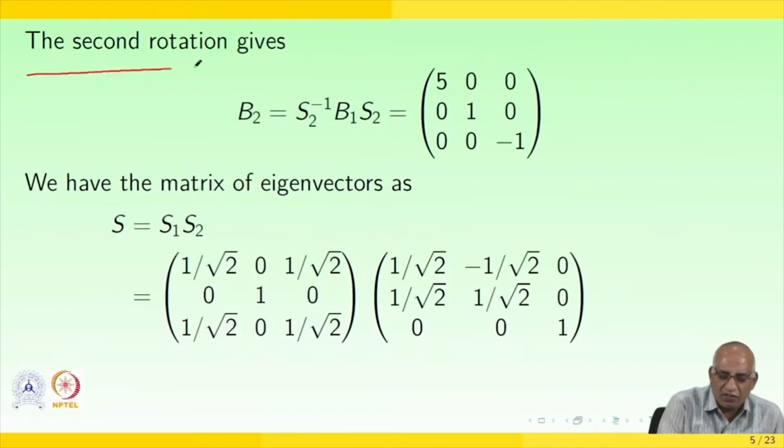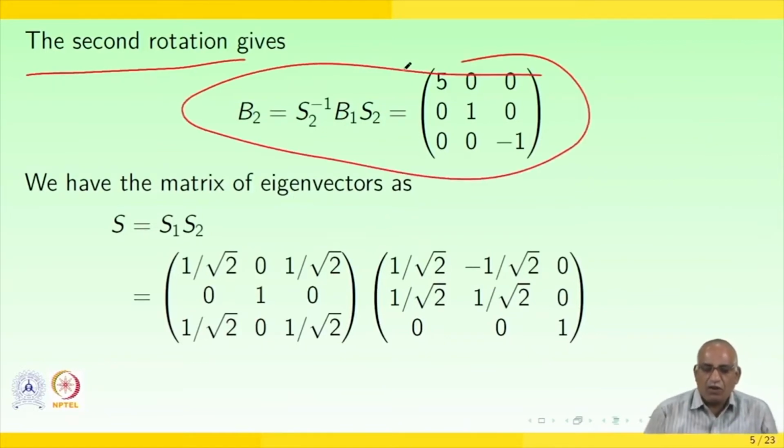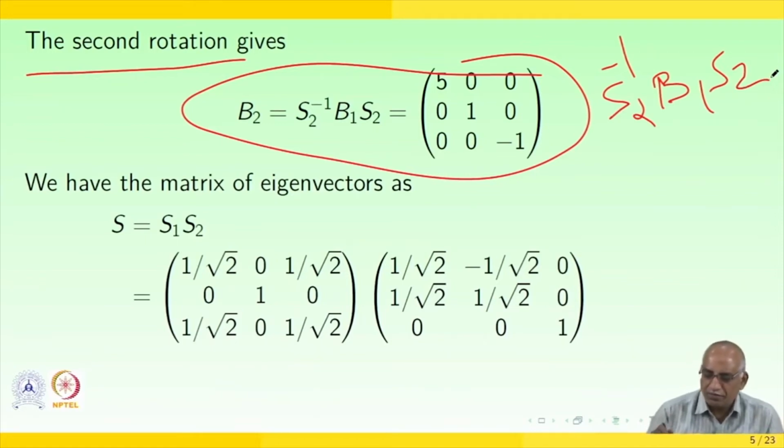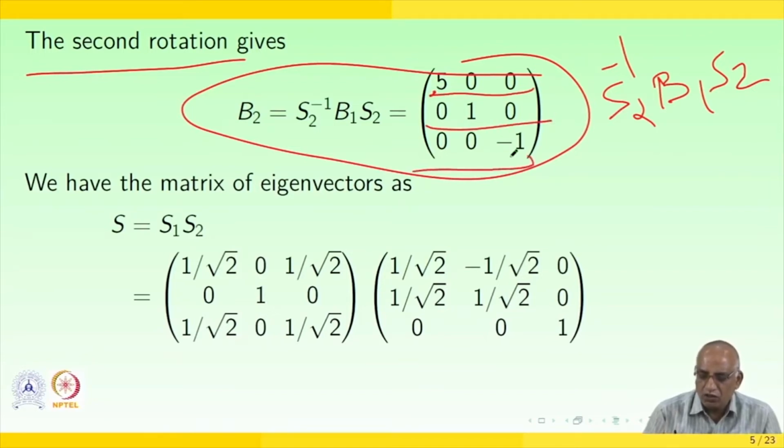The second rotation gives B2, that is S2 inverse B1 S2, which turns out to be 5, 0, 0; 0, 1, 0; 0, 0, minus 1.